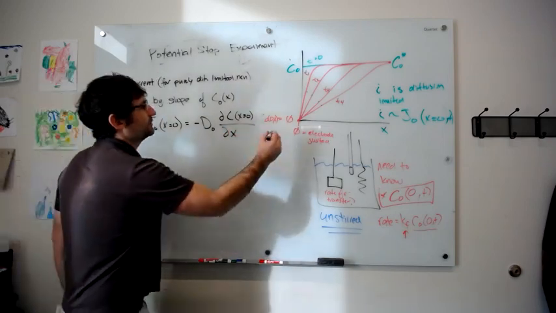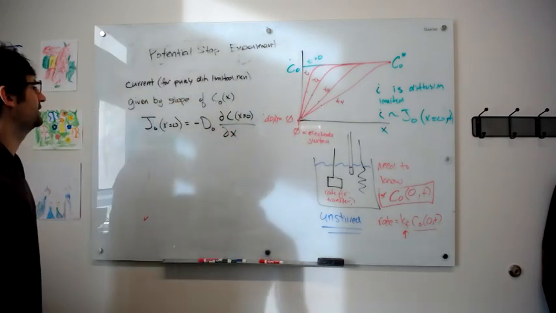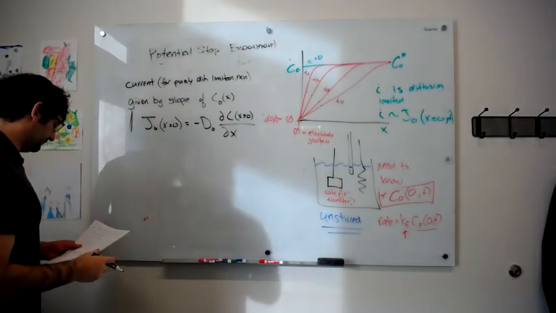So it's the slope right here at the electrode surface. Okay, and that's going to tell us the flux of O.